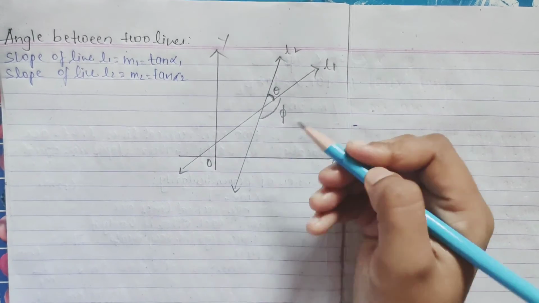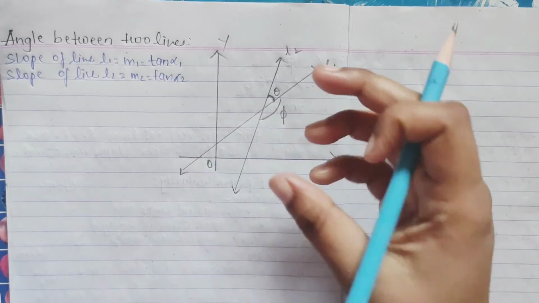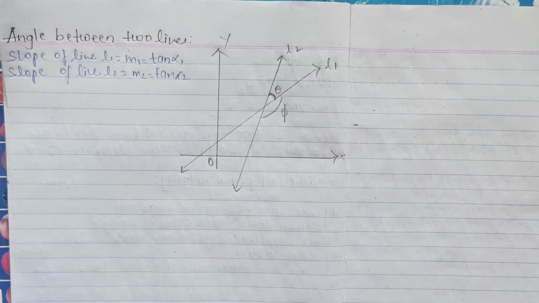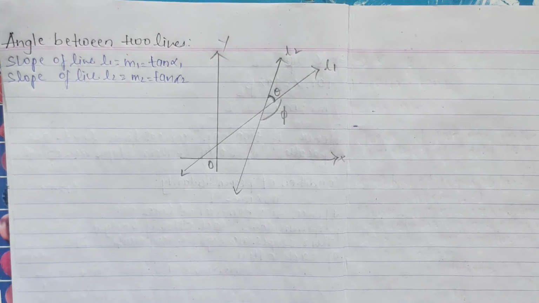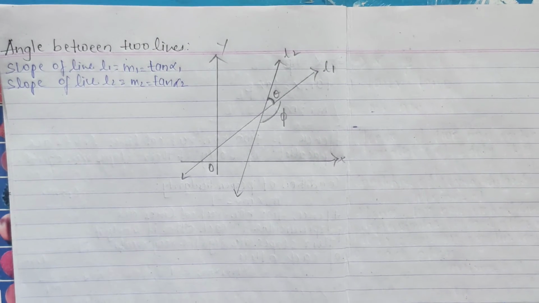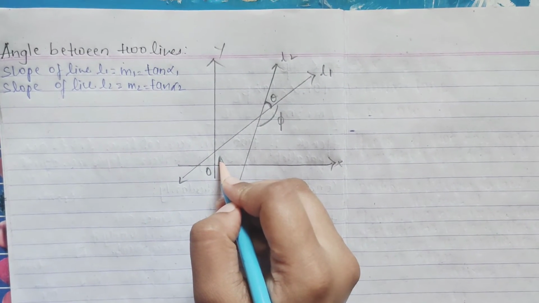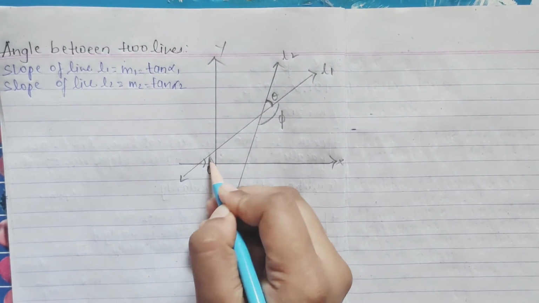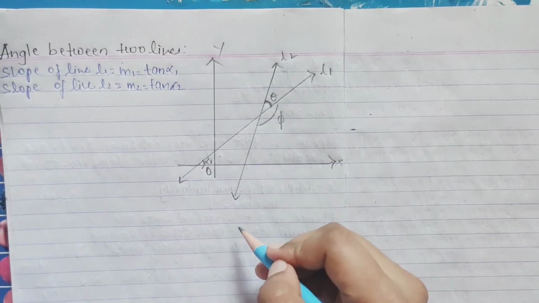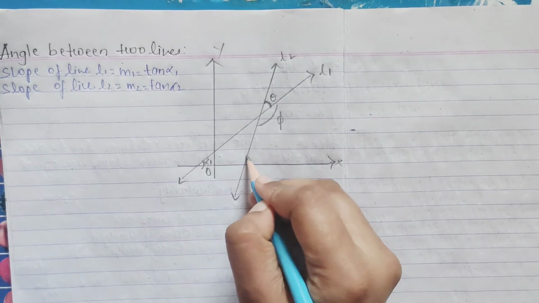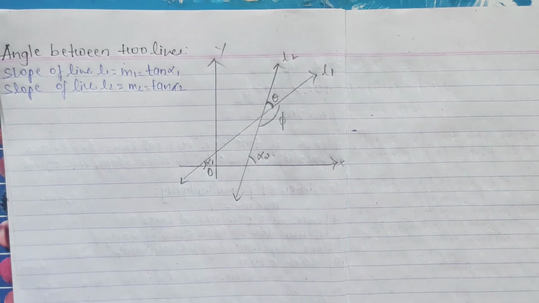This will be the obtuse angle, right? So when they say the angle, they are taking both the angles. So we will just see how we can do it. So L1 is making an angle alpha 1, okay, and L2 is making an angle alpha 2.